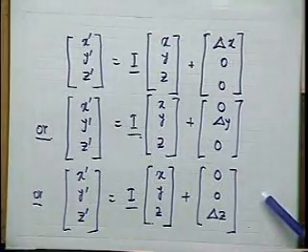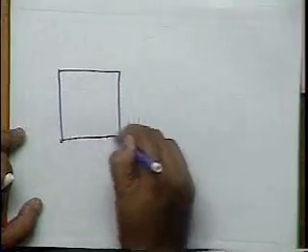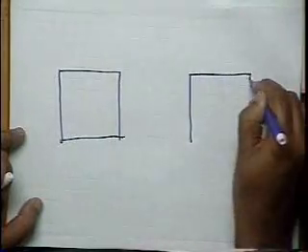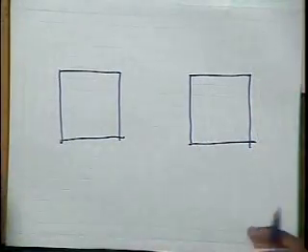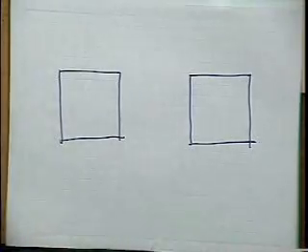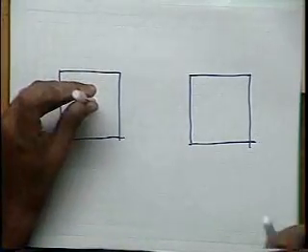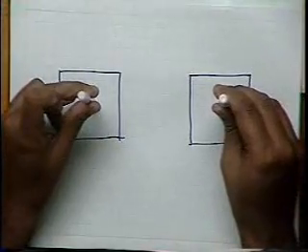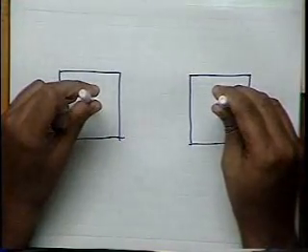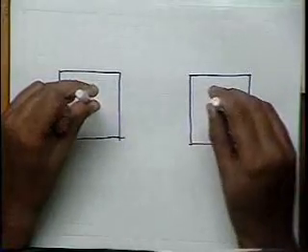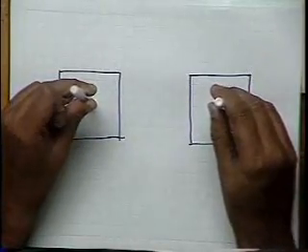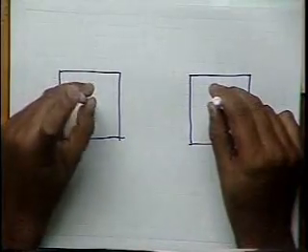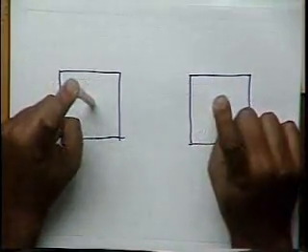That means to say what? If this is the point, this is the plane of the first camera and this is the plane of the second camera, and if this is the z-axis of the first camera and this is the z-axis of the second camera, then all that I am considering between these two cameras, camera number 1 and camera number 2, is a displacement by an amount delta x in the x direction.